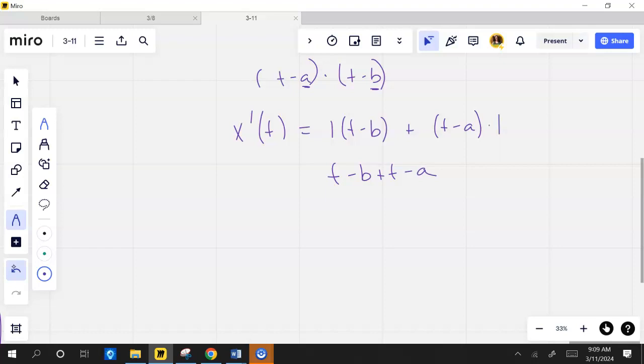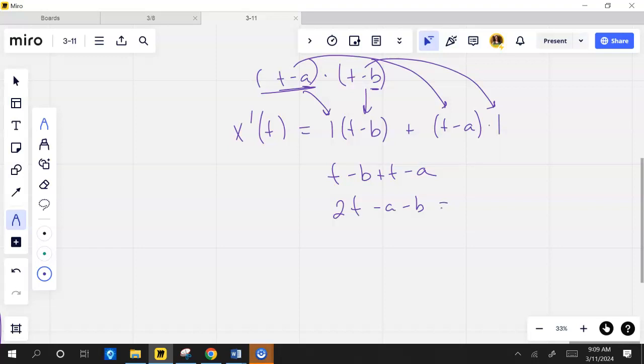So when I do the derivative, this is the derivative of the first times the second plus the first times the derivative of the second. So I got 2t minus a minus b. And then what did I have to do?